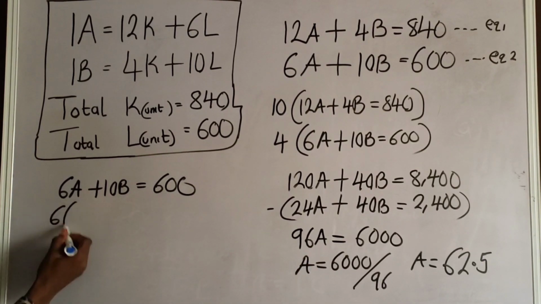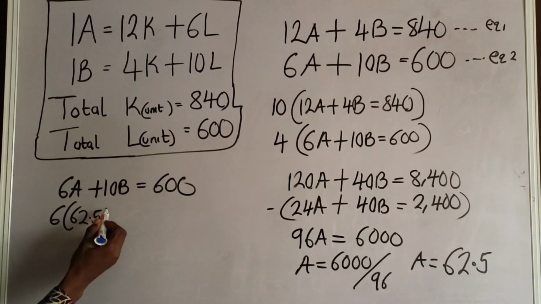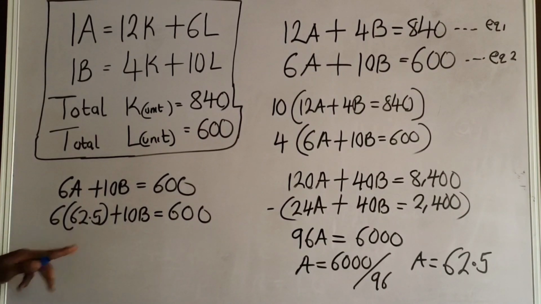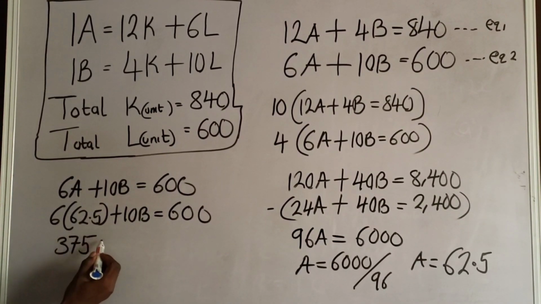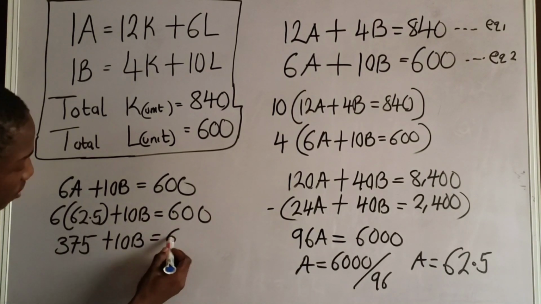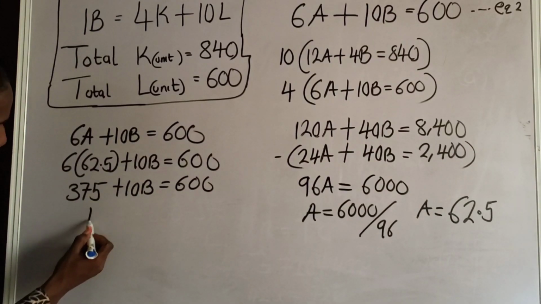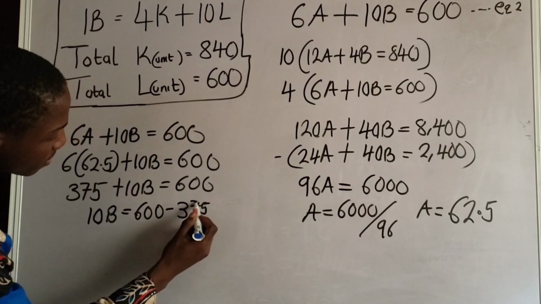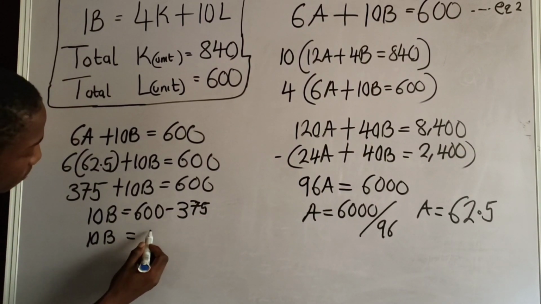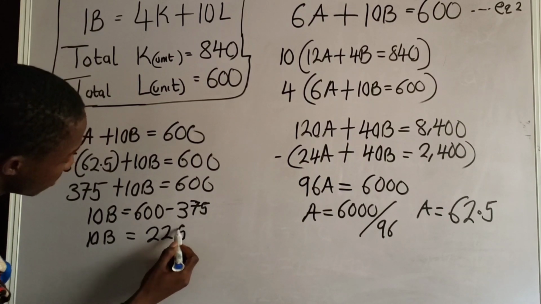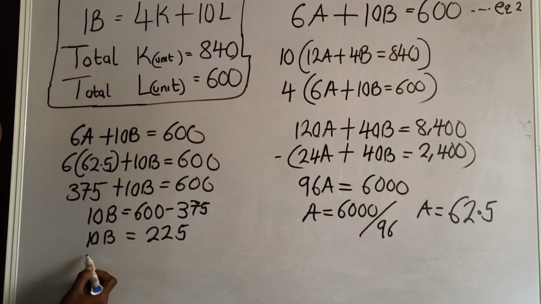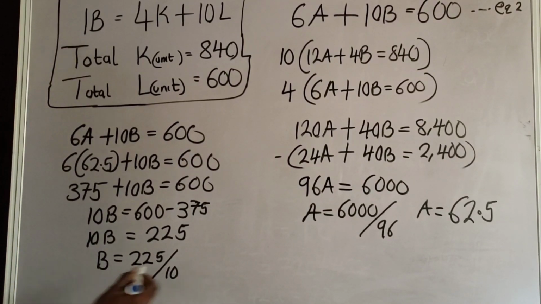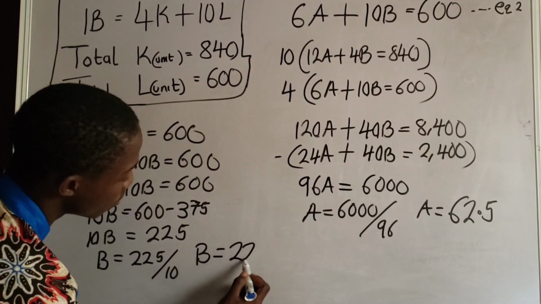So I'm going to have 6 into bracket 62.5 plus 10B equals 600. 6 multiplied by 62.5 is 375, plus 10B equals 600. Collecting like terms, 10B equals 600 minus 375. So 10B equals 225. Since we are looking for B, I'm going to divide both sides by 10. So B equals 225 divided by 10. Therefore B equals 22.5.